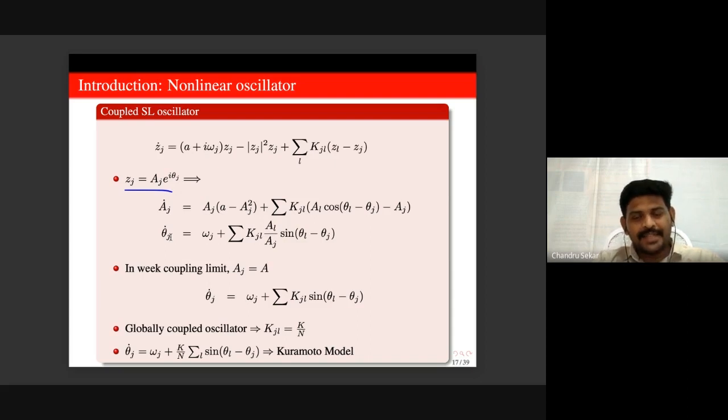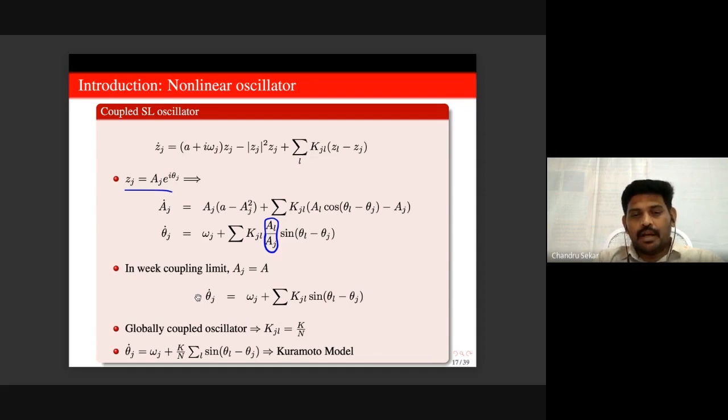In this case, if a_j equals a, then a_l by a_j goes to 1. In this situation, the phase equation decouples from the amplitude equation and is given by this form. So now we have only the phase equation in the weak coupling limit.